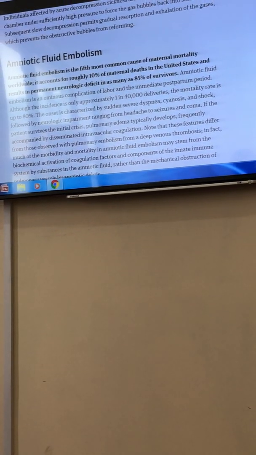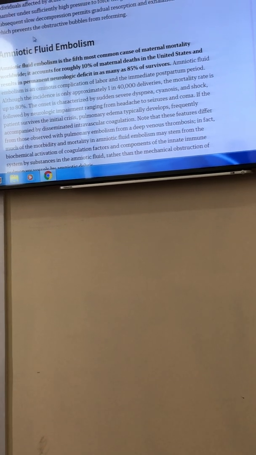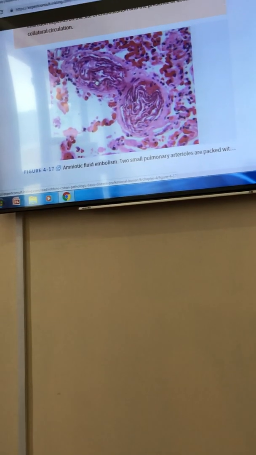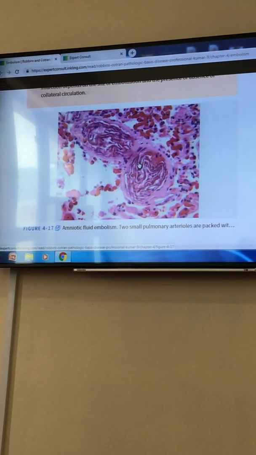There is also amniotic fluid embolism, which is one of the complications of pregnancy during labor. Amniotic fluid can enter the circulation of the mother and cause embolism in the lung. You see these are two arterioles in the lung of the mother, but inside there is some keratin from the newborn. It has come from amniotic fluid.